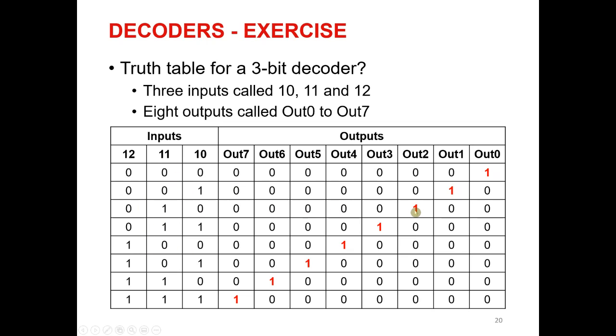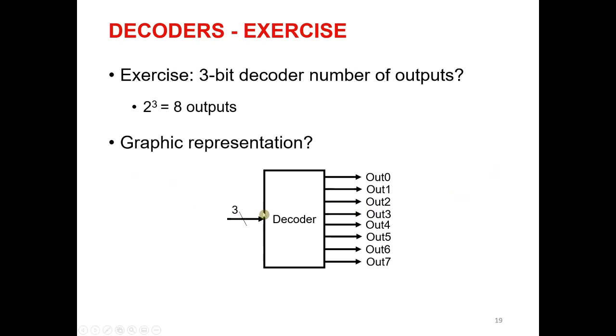This decoder means that I have 3 input bits, and only one of the output bits is generated. The number of output signals depends on the number of input bits. We have said that the number of outputs in a decoder is 2 to the power of the number of input bits. In this case, the number of input bits was 3, so the number of possible outputs is 8. Okay, hopefully it's clear now.